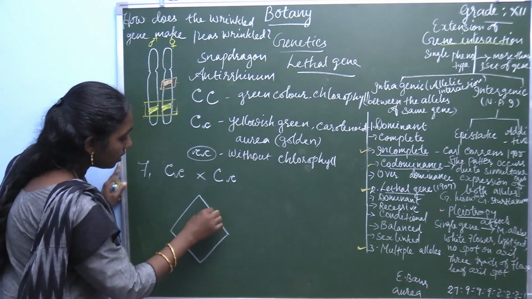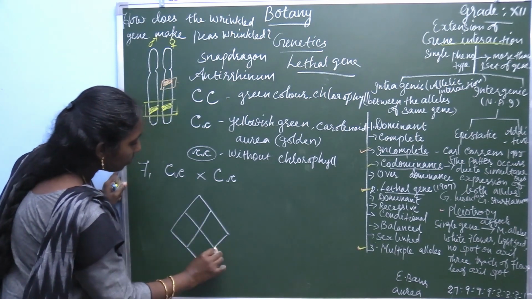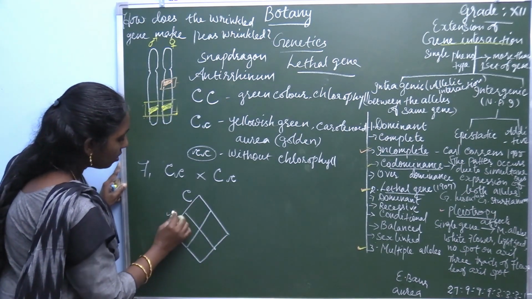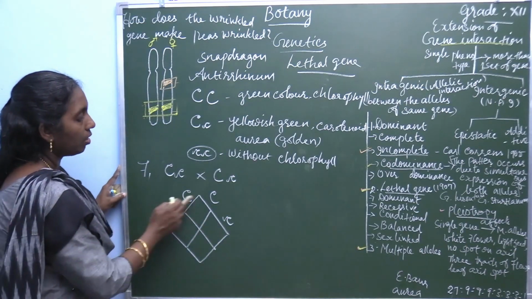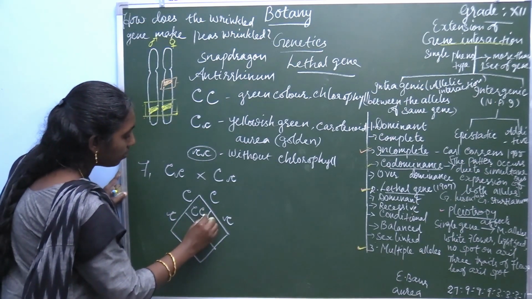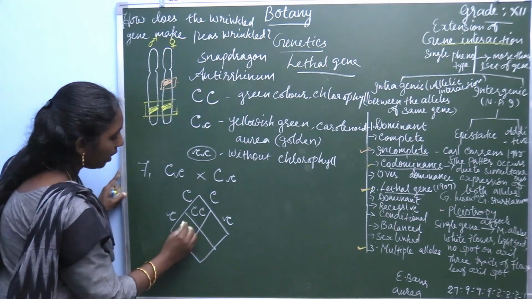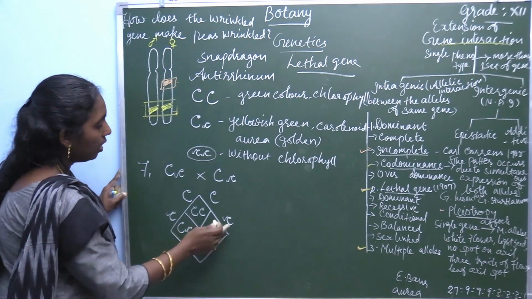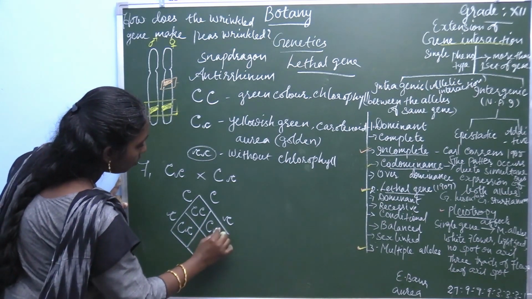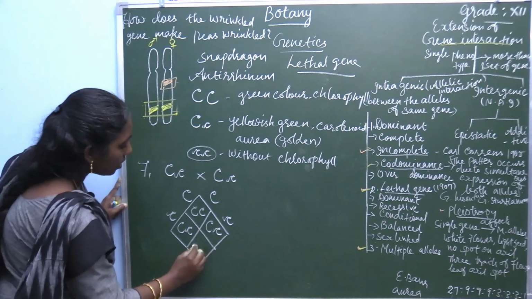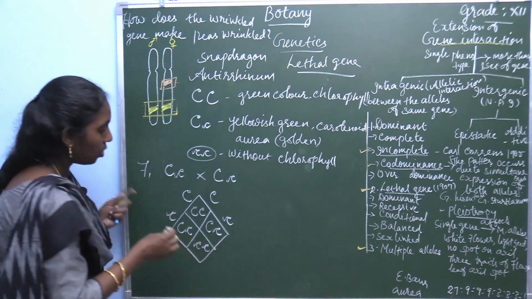It produces capital C capital C, capital C small c, capital C small c, and small c small c.